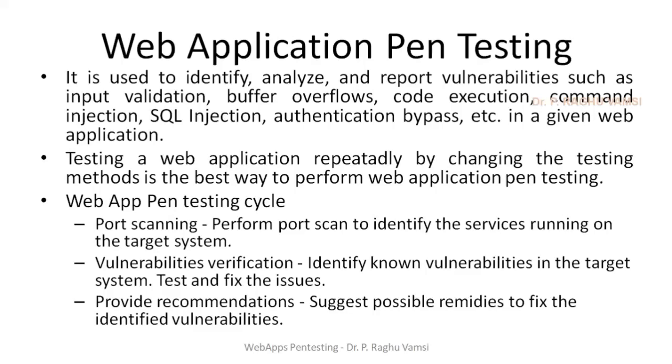Next is vulnerability verification. That means there will be two categories: one is known vulnerabilities and the second is unknown vulnerabilities. Known vulnerabilities means you know the version of the application, the version of the web server, the version of the operating system, and there will be a CVE repository where you will have the vulnerability information and vulnerability types, in which application what kind of vulnerabilities exist, and how you can exploit those vulnerabilities using either Metasploit or anything else.